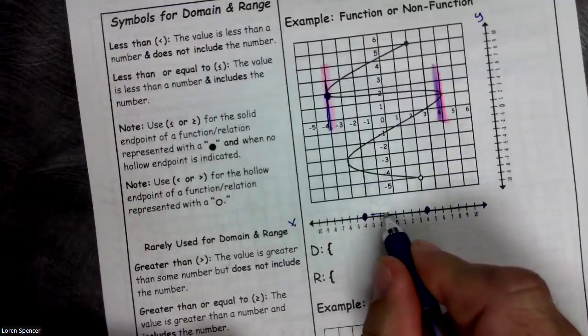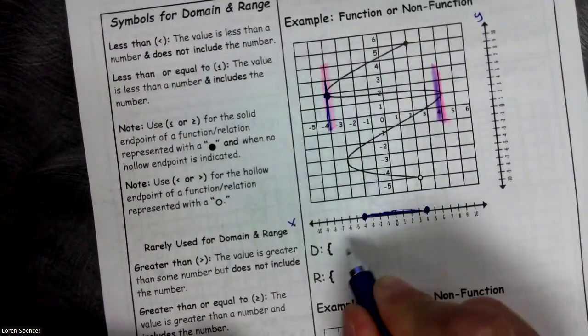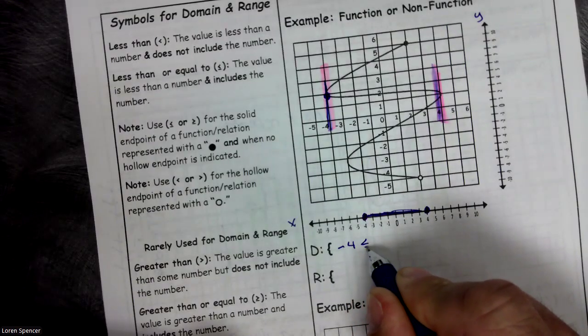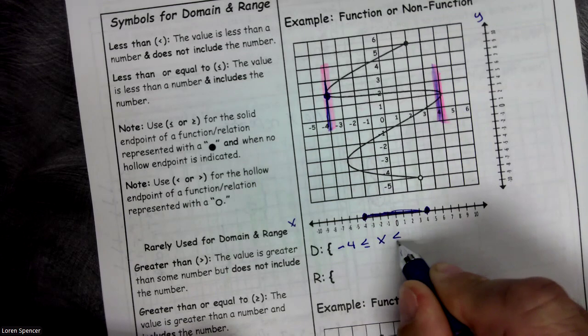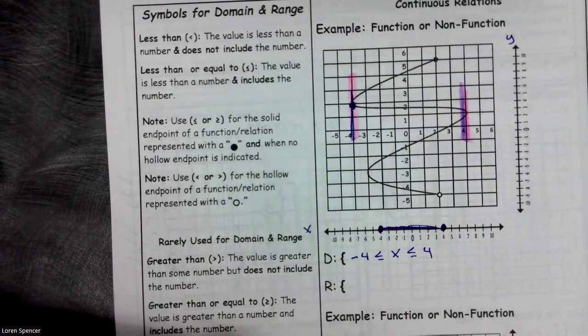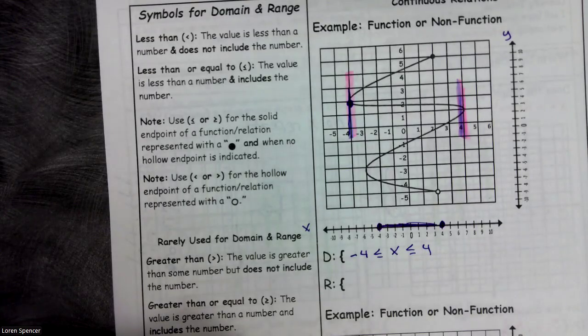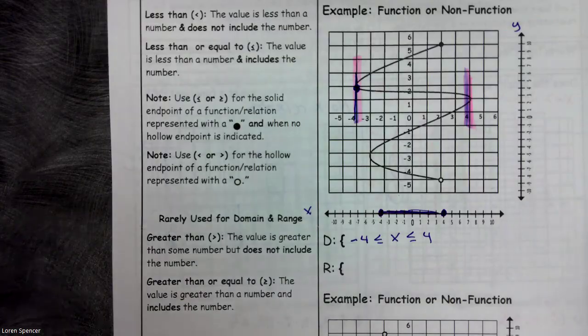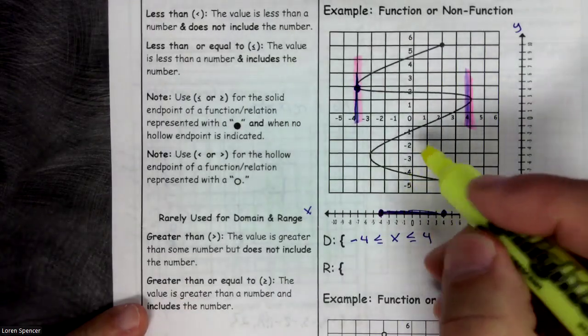So we have this area right here. That's what we have. So that is negative 4 less than or equal to x less than or equal to 4. Okay? For the range, well, we're going to start at the lowest value.